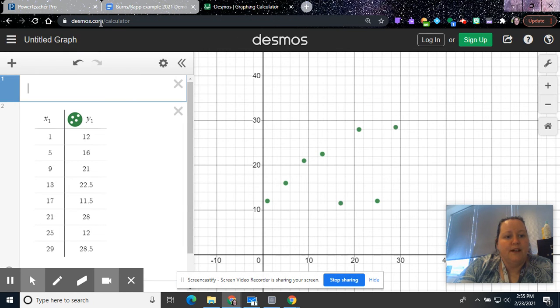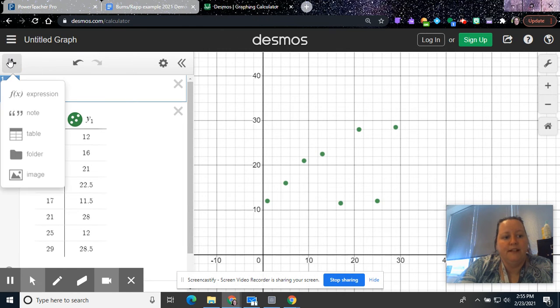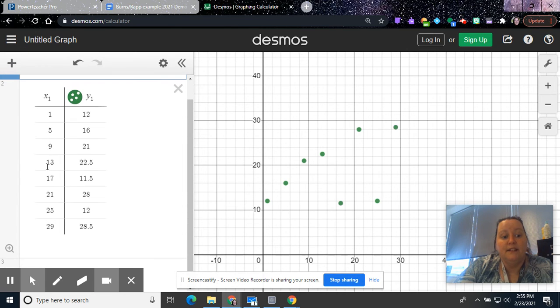But remember, it's desmos.com, and then you'll hit the plus sign and the table, and then you have to type it in. It needs to look like a table in order for all of this to work with Desmos. So record your table, and you may need to adjust your screen. You can pinch, zoom in and out, and it'll make it bigger or smaller, or you can use this little wrench and that's going to give you the settings and you can set the window to show what you need it to.